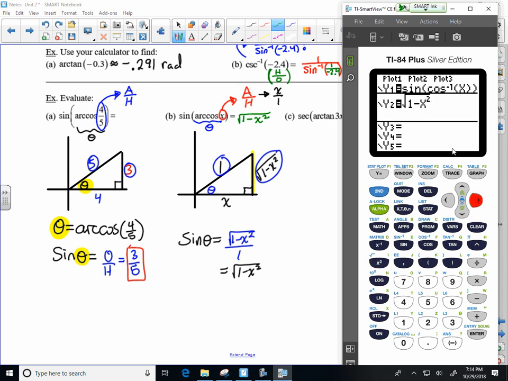Because this is the older 84, it's not color screen, I'm going to hit enter on the slashy thing on the left-hand side just so it comes in as bold. Allows me to distinguish one from the other. Alright, so let's see. Let's do a zoom 6. Happened too quickly. Alright, let me bring it in. Maybe like -3 to 3 all around.